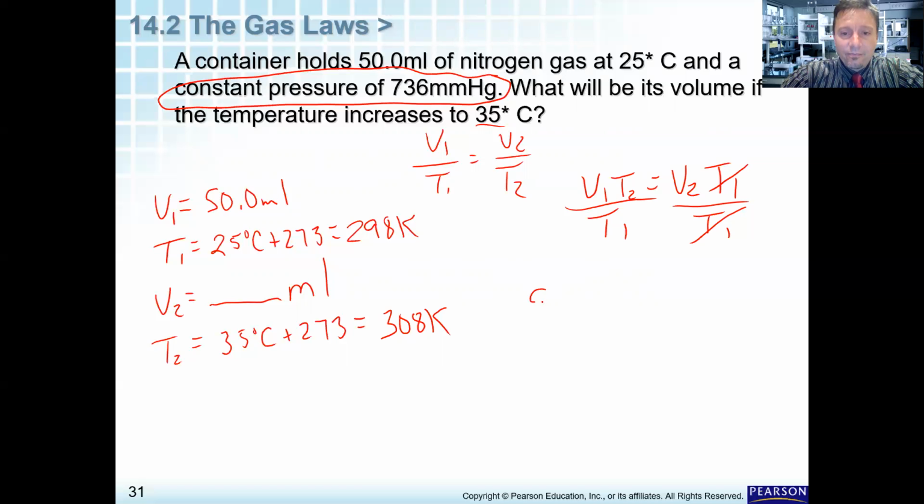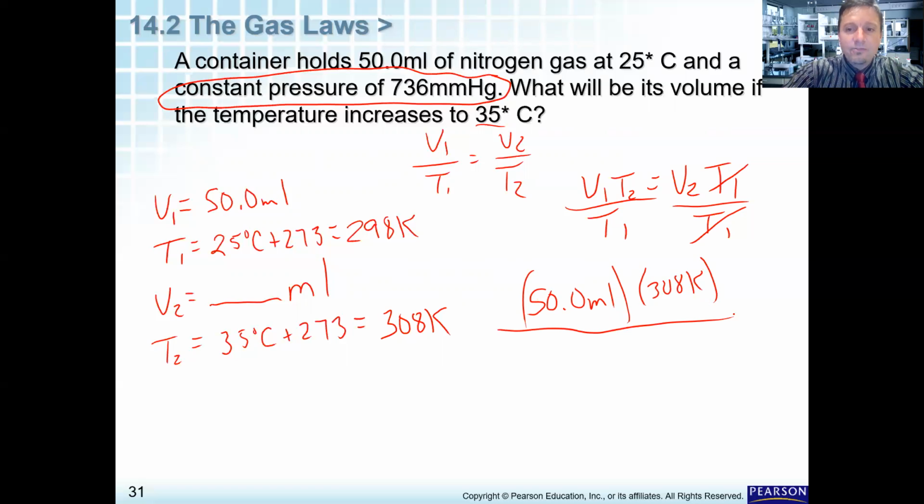So I have 50.0 milliliters. My temperature 2 is 308 Kelvin. I'm going to divide that by my temperature 1, which is 298 Kelvin. So Kelvins cancel, and that will equal my volume 2.